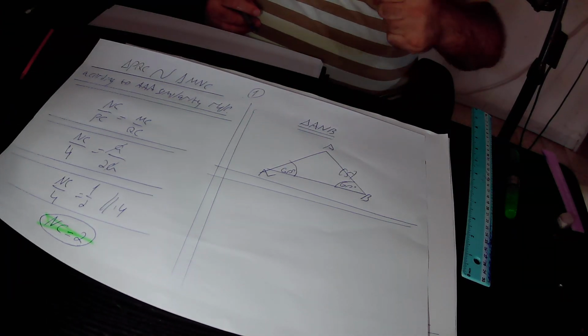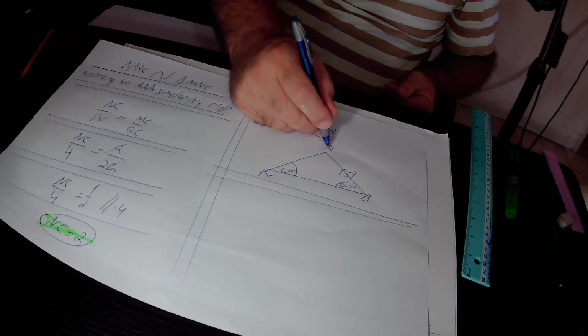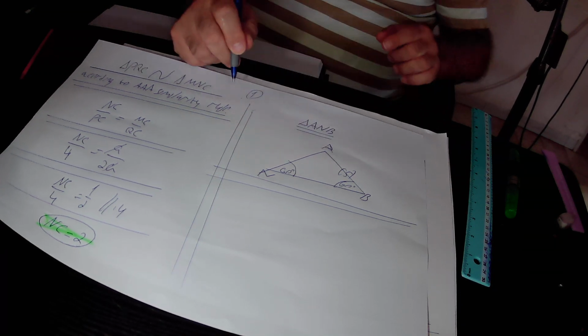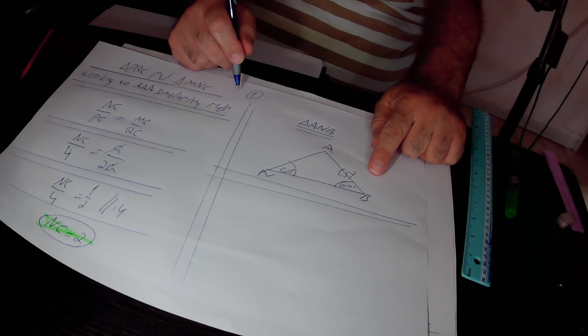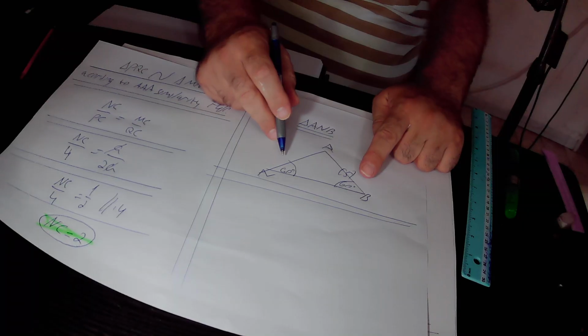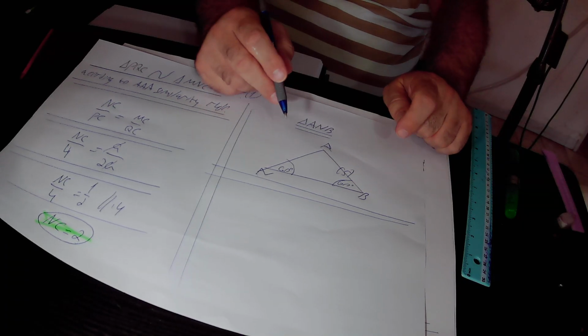Actually, this is the big triangle ANB copied from the original drawing. Side AB equals 5 units in its length according to what is given in the question. Those two angles are both equal to 60 degrees.